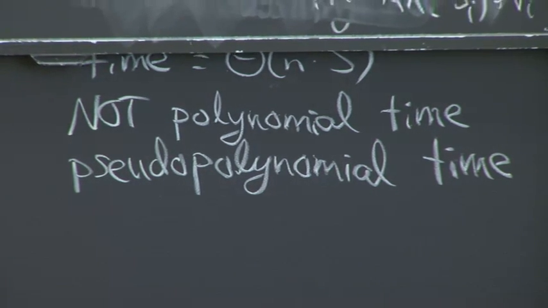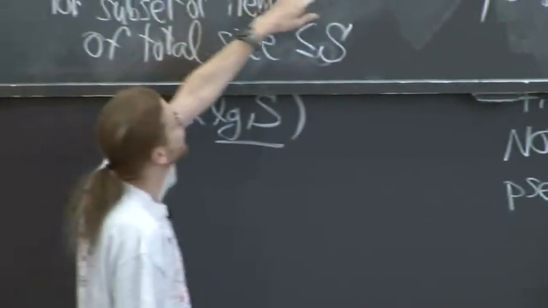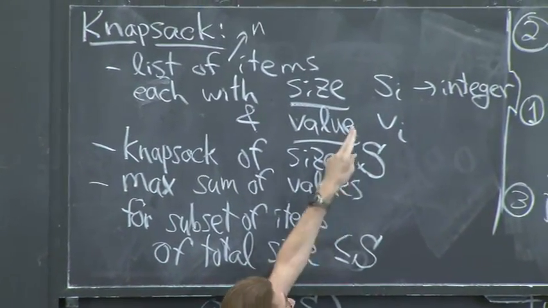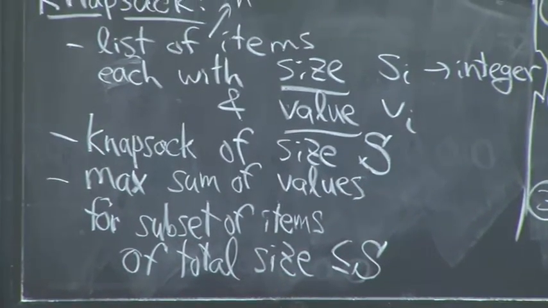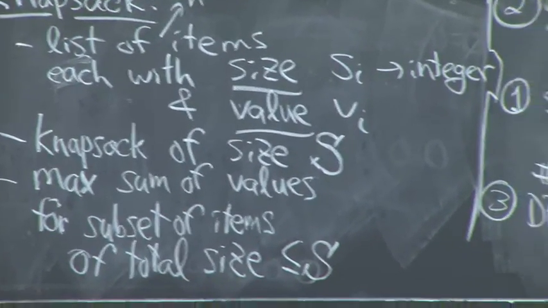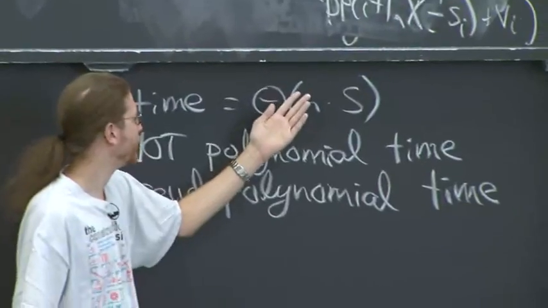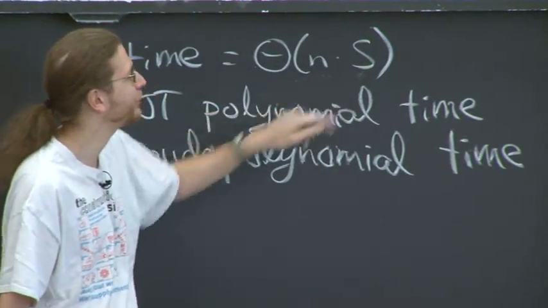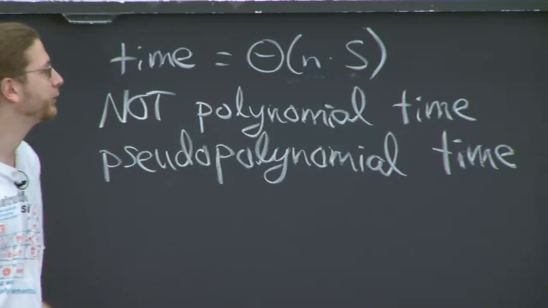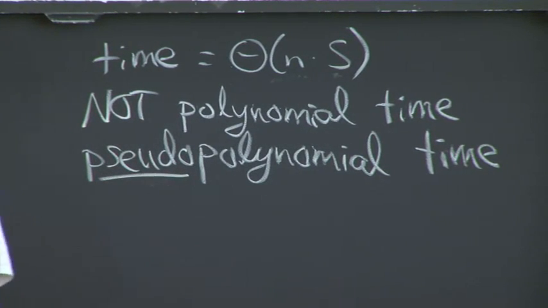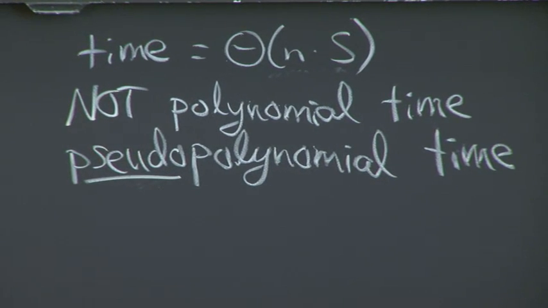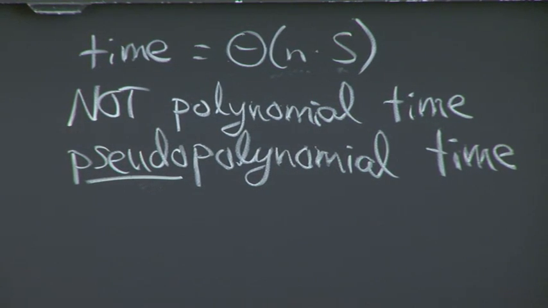So in this case, we have a bunch of integers, but in particular, we have S and the si's. This is definitely polynomial in n and S. It is the product of n and S. So you think of this as pseudo-quadratic time, I guess, because it's quadratic. But one of the things is pseudo, meaning it is one of the numbers in the input. So if the number is big, in k bits, I can write down a number that's of size 2 to the k.